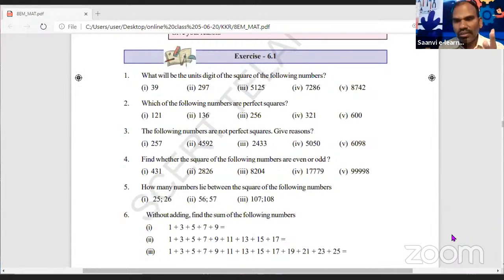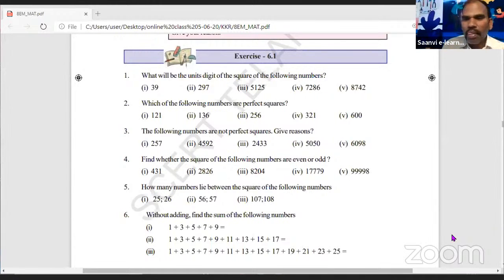Other than that, we can't. 257 is there: 1, 4, 5, 6 not there. 4592 unit place is 2. 2,433 unit place is 3. 5,050 unit place is 0, but before that 5 is there. 6,098.